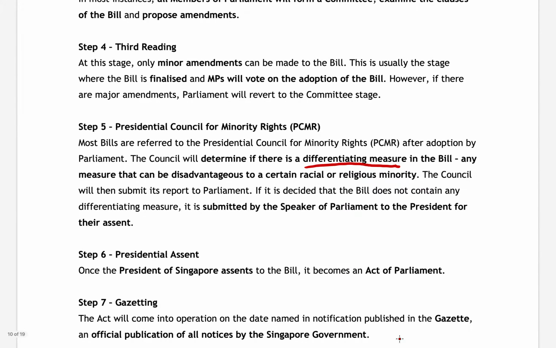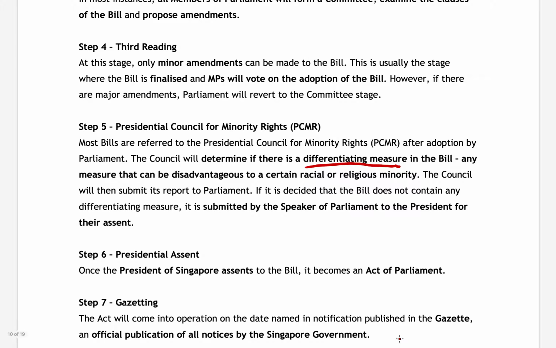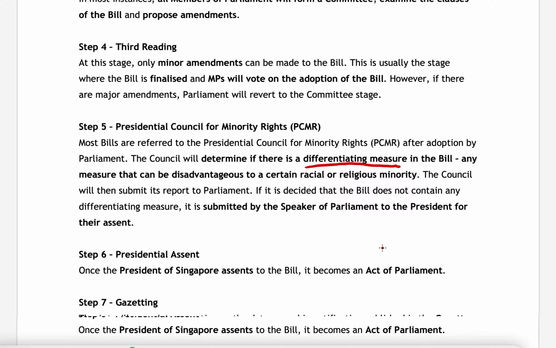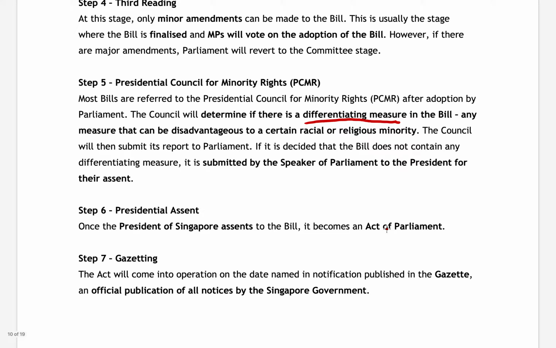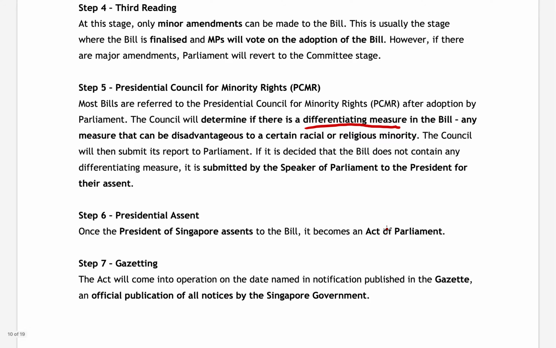After all of that, once the president of Singapore signs the bill, or what we call assents to the bill, essentially saying that the president agrees and approves this bill, it becomes an act of parliament. It only becomes an official act of Singapore when it is published in the Gazette and comes into operation.